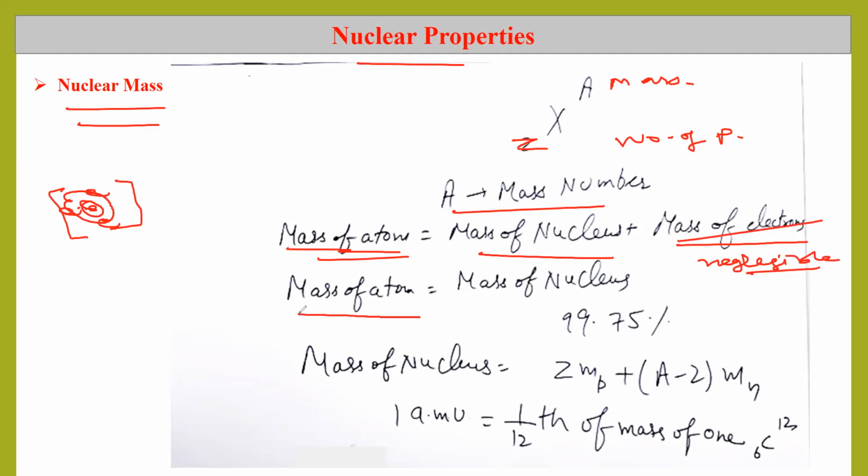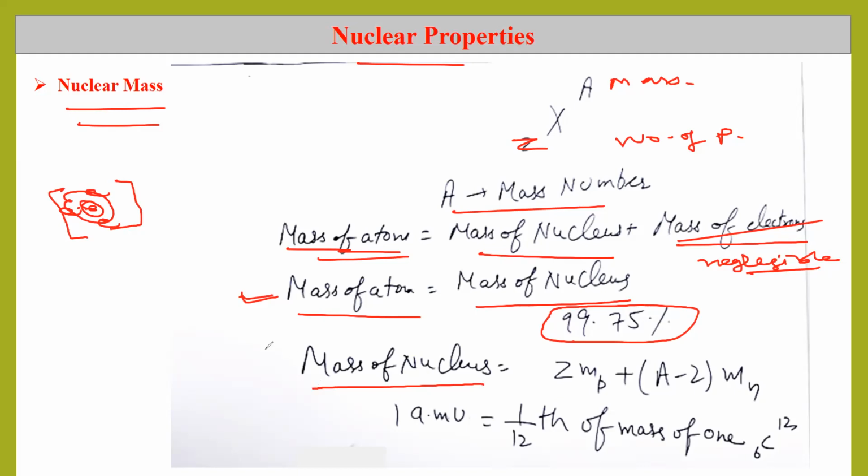So the mass of the nucleus is the mass of the atom, and this is true for 99.75%.